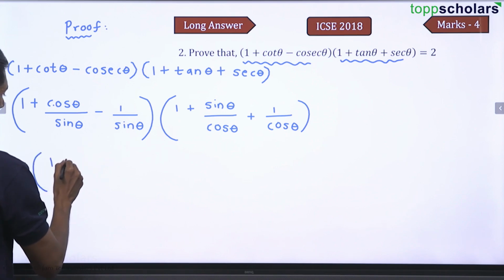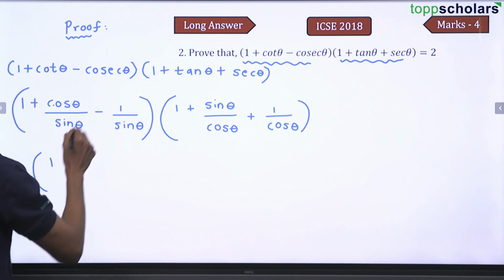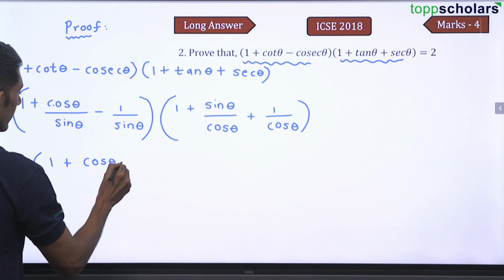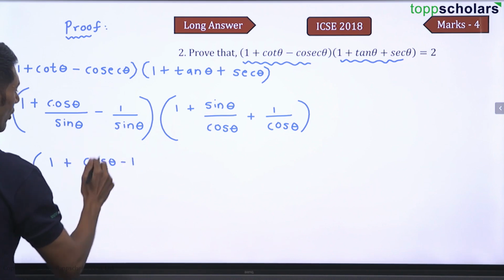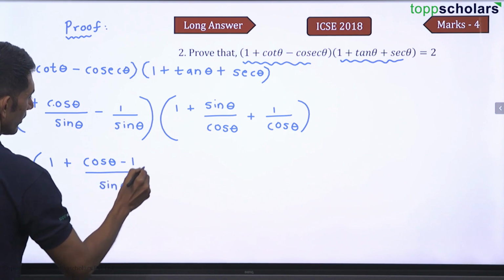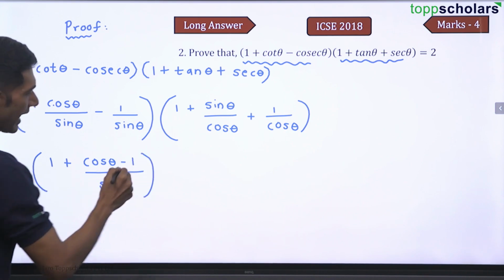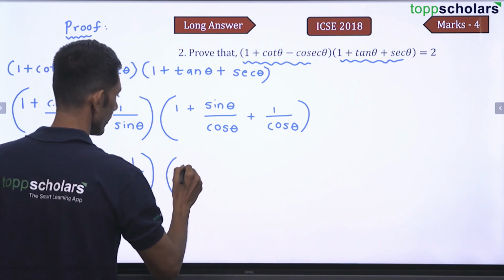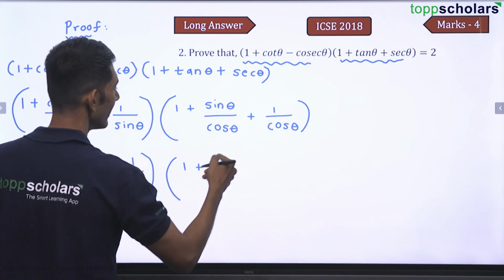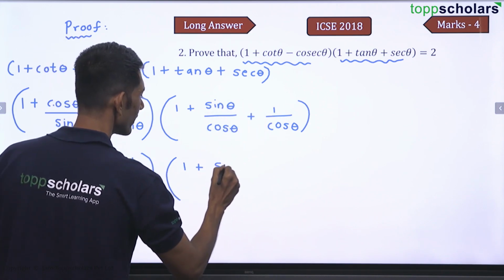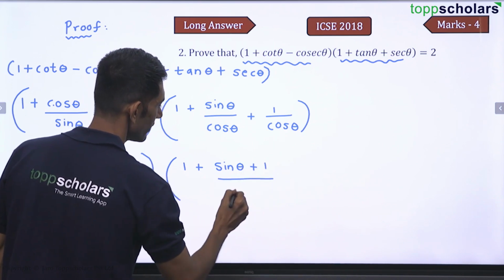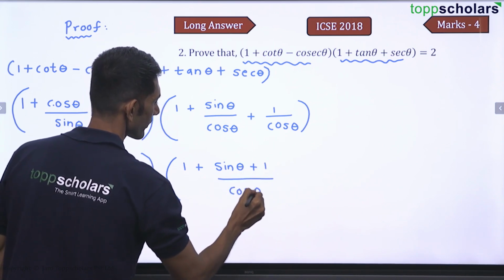1 plus cos theta minus 1 by sin theta. The common denominator is sin theta, and this becomes (sin theta plus cos theta minus 1) by sin theta, and in the other bracket (cos theta plus sin theta plus 1) by cos theta.